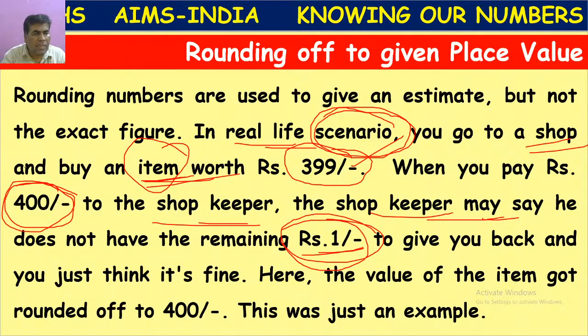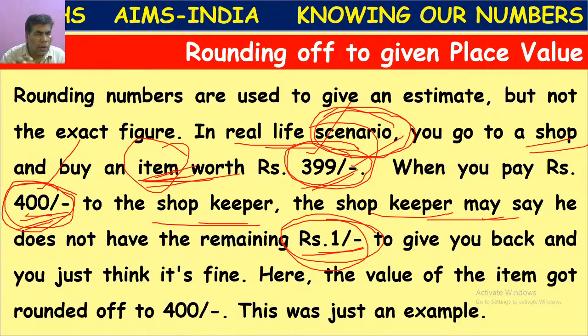Then what happens? The item is worth 399 rupees, but you have paid 400. It means you rounded off 399 to 400 rupees, the nearest 100. This is called rounding off.